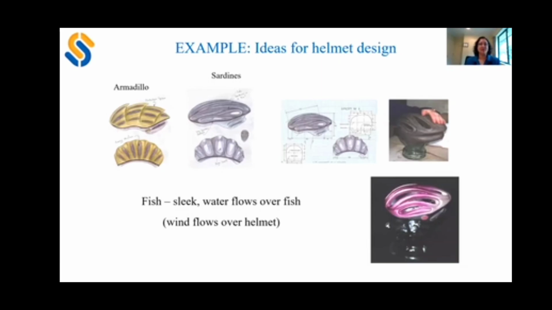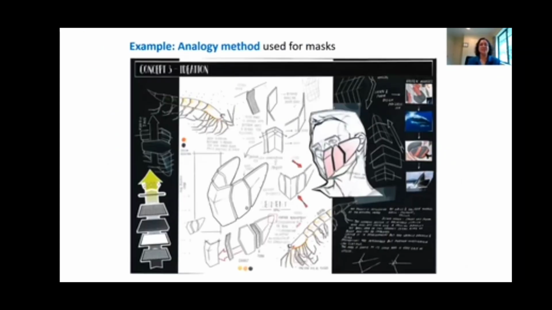This is another example from one of my students who developed a helmet, and she looked at nature and looked at fish and how it slides through water. And she designed her bicycle helmet based around the idea of a fish, or how sardines are next to each other. And she got the idea from that, of the wind blowing over the helmet.